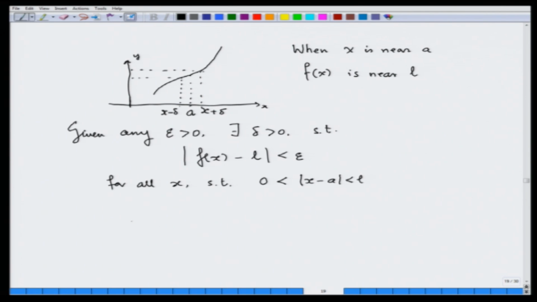That is, here we essentially look at a punctured neighborhood, because a may not really be in the domain of f. So, basically you look at the punctured neighborhood.